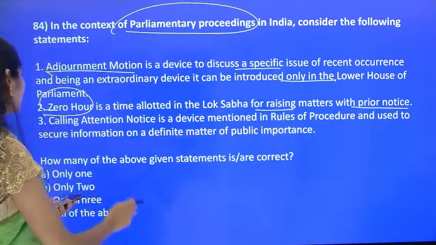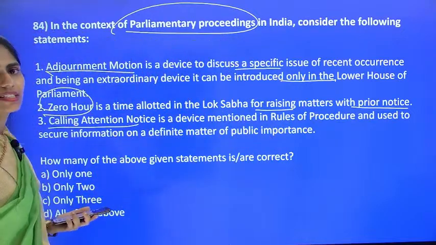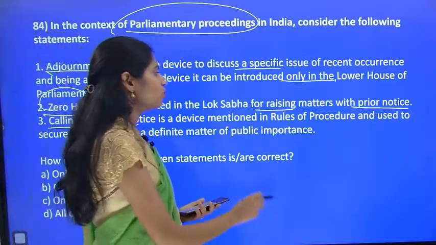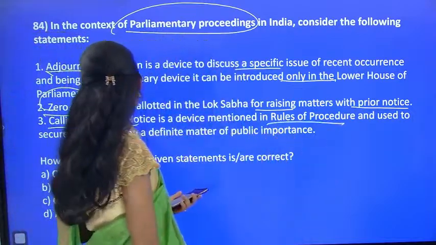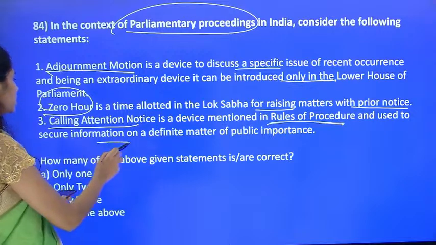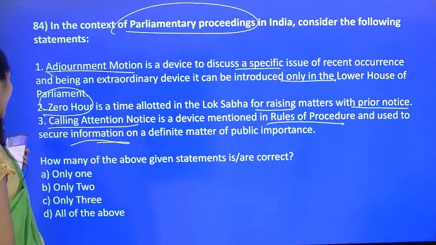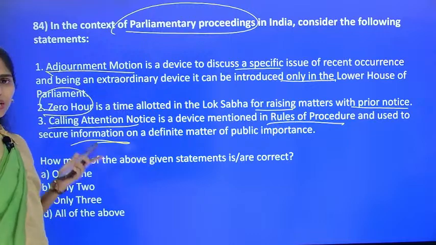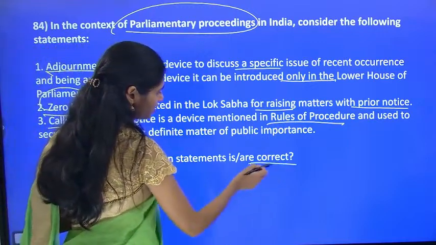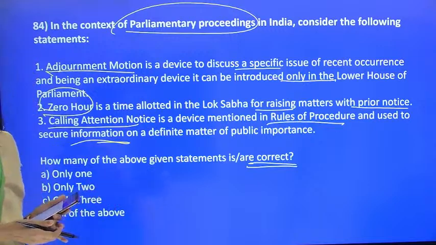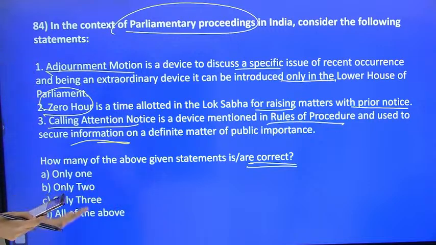Third, calling attention notice is a device mentioned in the rules of procedure and used to secure information on a definite matter of public importance. You have to see how many of these statements are correct. So read those statements and tell me which statements are correct.